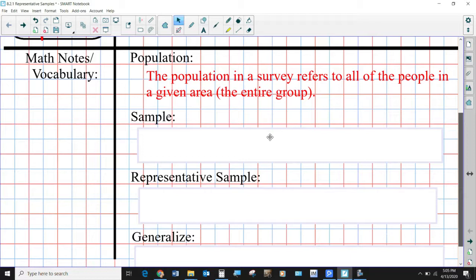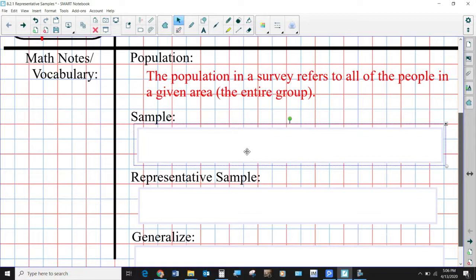So with that in mind, we want to choose to survey people, but we're not going to survey everyone. We're just going to do like an experiment where we take a sample of the people. And the more people that we survey in the sample, the closer our results are going to be to the true population. That is the essence of what we're getting at with this particular lesson.